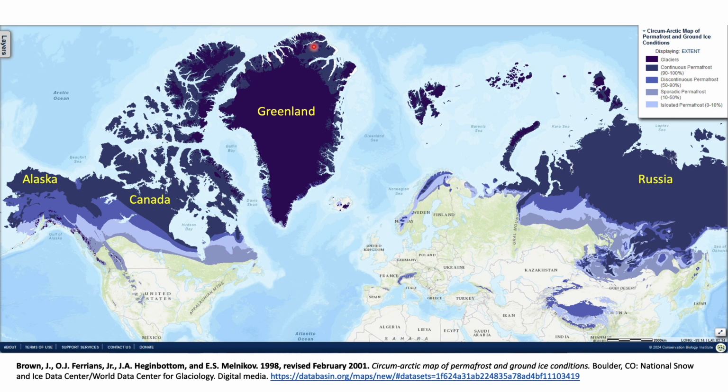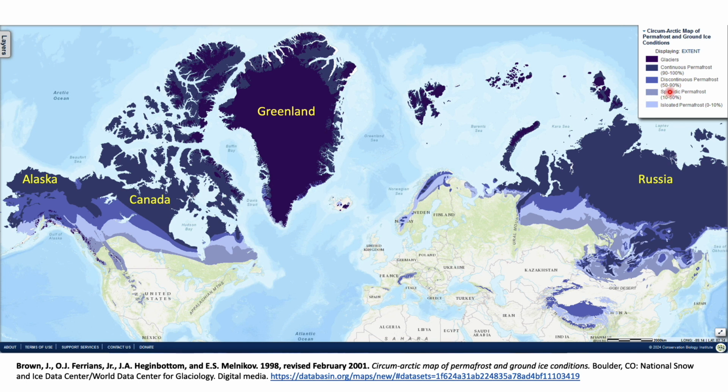If you look at the border areas of Greenland and also the major portion of Russia, and especially the northern part of Canada, and even the northern part of Alaska, all these areas have this grayish region, and this grayish region means it is a 90 to 100% permafrost region.